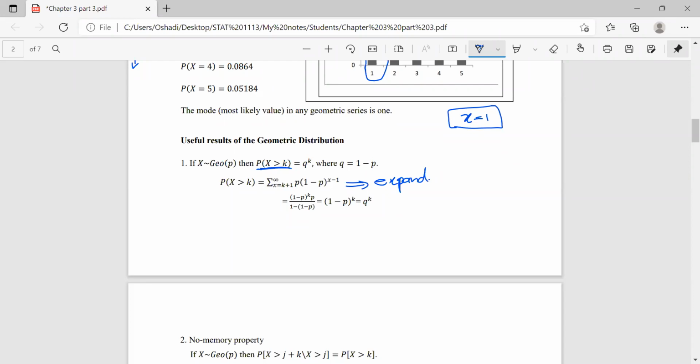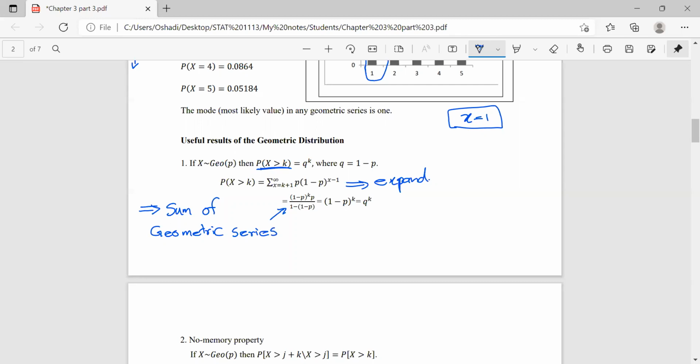So after expanding, we can use the sum of a geometric series. After obtaining the sum of the geometric series, we can obtain this expression.